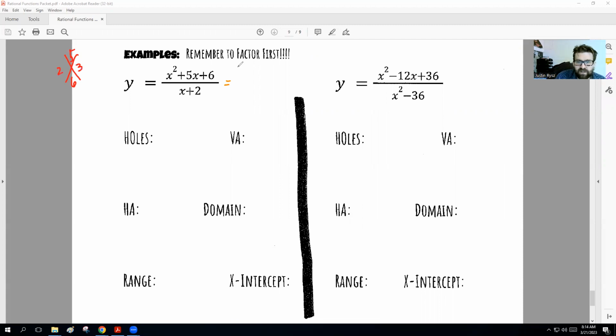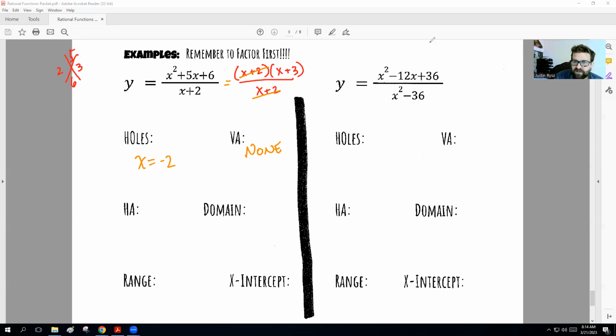It's 2 and 3. So really this is x plus 2 and x plus 3 over x plus 2. So we have a discontinuous point at x equals -2, which means we have a hole at x equals -2. There are no vertical asymptotes because this is the only discontinuous point and it gets canceled out here.